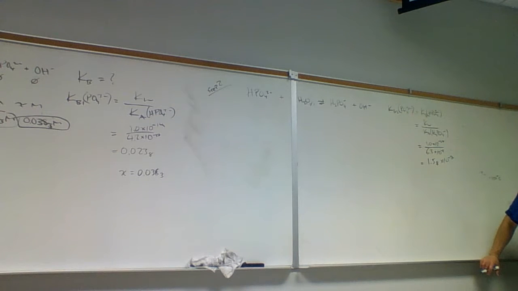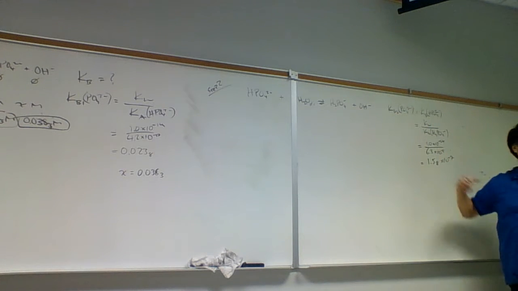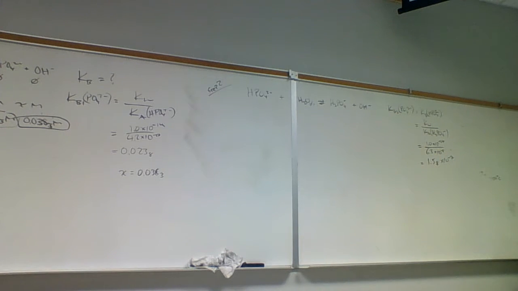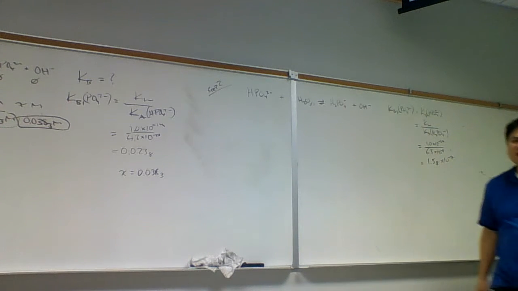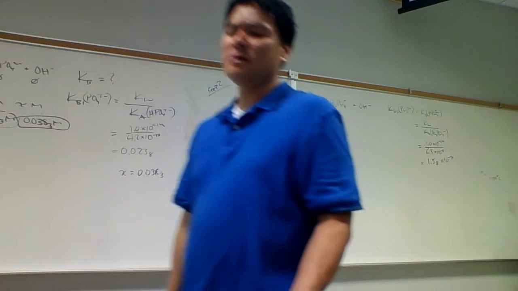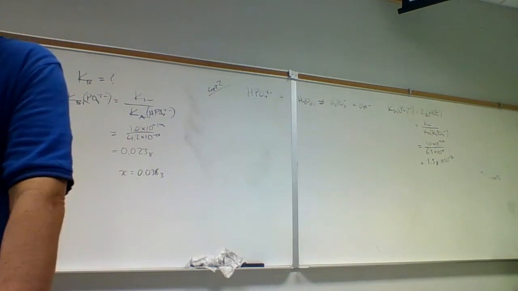Yeah? Where did you get the 6.3? Oh, that's given. This is from a book. Our chart says that the Ka is 6.23, but I just want to use Petrucci's numbers. When you look at the tables, some Kb values are given, like ammonia.